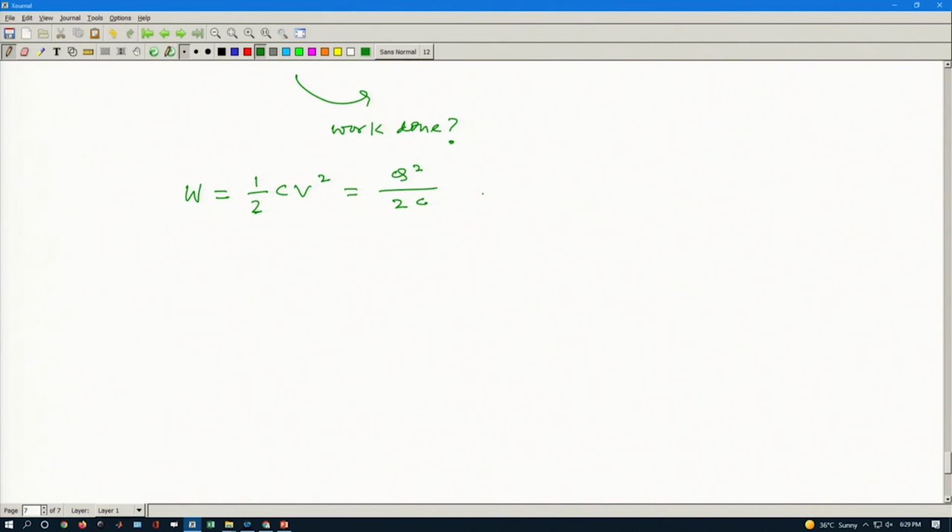and C again, because I need to change the separation, I need to write C in terms of the separation D, A divided by D, that we calculated. So, from here I can write that it is simply Q square D divided by 2 epsilon A. Now, the charge is fixed, epsilon is constant, A is also fixed.